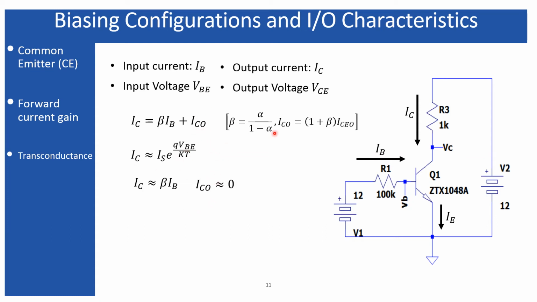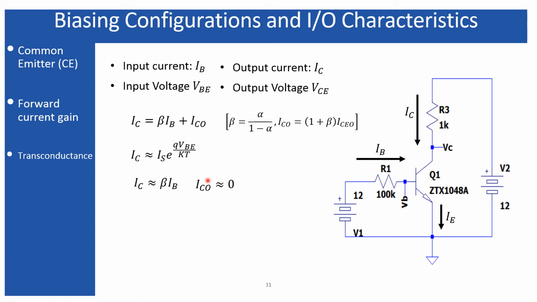ICO, which is caused due to this minority carrier current ICEO, and when you multiply this 1 plus beta with the ICO, that results in this term. In comparison to beta times IB, you can neglect this ICO, because its magnitude is generally not comparable with beta times IB.